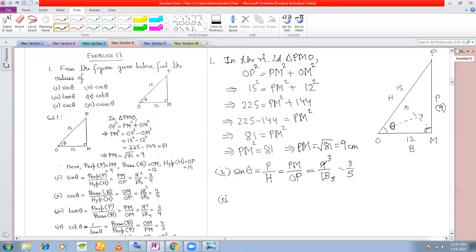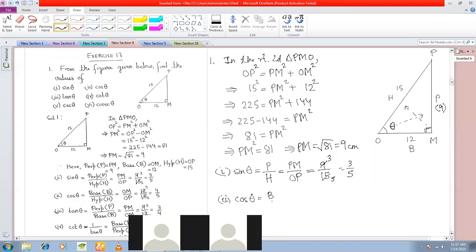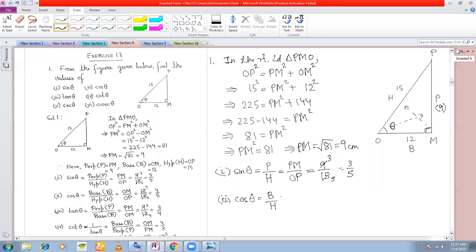Next is cos theta, base by hypotenuse. Base here is OM and hypotenuse here is OP. So 12 by 15. Cancel here, you get 4 by 5.